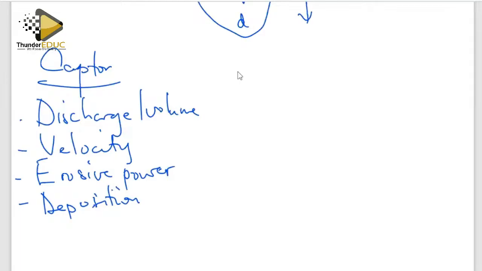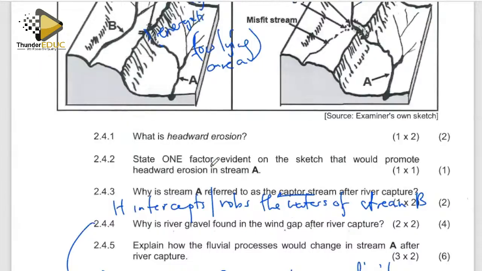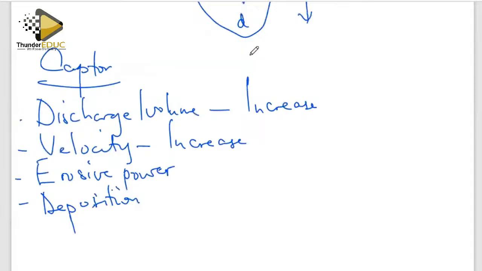When the river has captured the headwaters of another stream, automatically the volume is going to increase, because it now has an extra supply of water from the captured stream. The velocity is going to increase because it now has extra water captured from another stream. In terms of erosive power, erosion is also going to increase because the river now has high velocity.